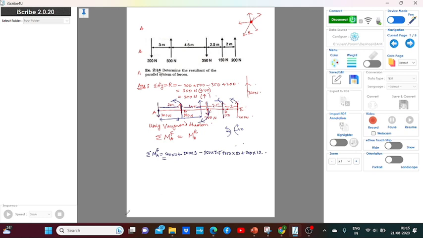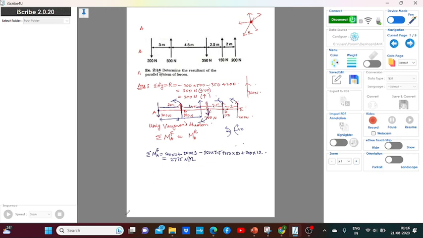And it can be calculated as 500 into 3 minus 350 into 7.5, and so on, which is 2775 Newton meter. 2775 Newton meter is the moment.